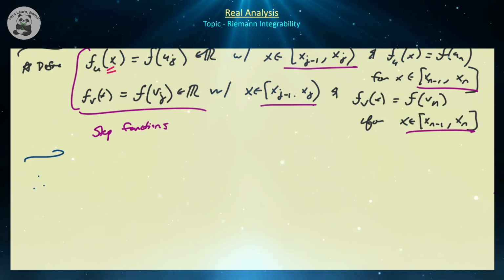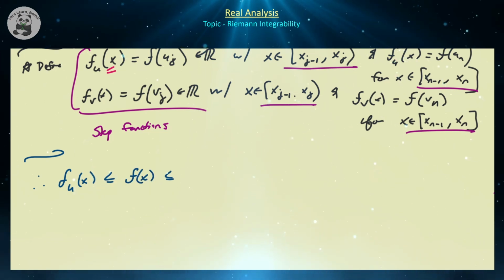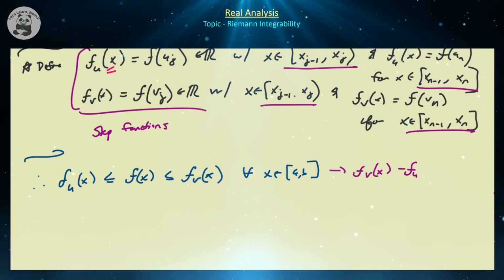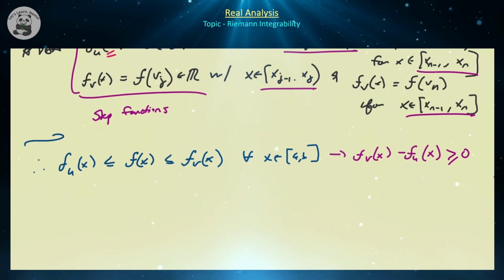So by construction, we have that f_u(x) is less than or equal to f(x), which is less than or equal to f_v(x), and that's true for all x in [a, b]. So that means that f_v(x) minus f_u(x) is greater than or equal to 0, and it's strictly greater than 0 unless f(x) happens to be a constant function.